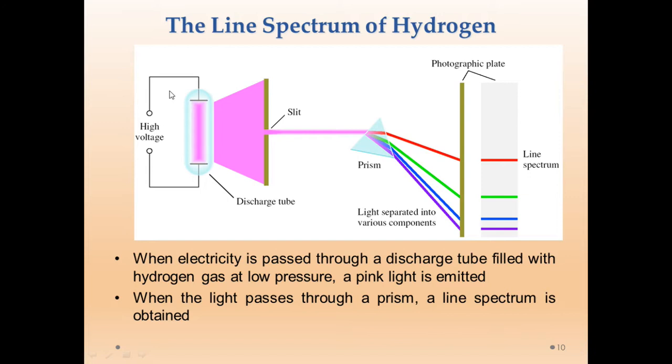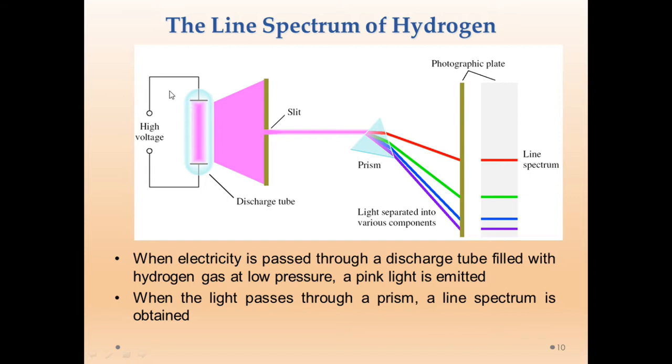Let's say we have a discharge tube, a tube that we fill with certain gases. Then we apply a very high voltage to make an anode and cathode, and we pass through a slit which allows monochromatic light to bypass and hit the prism.